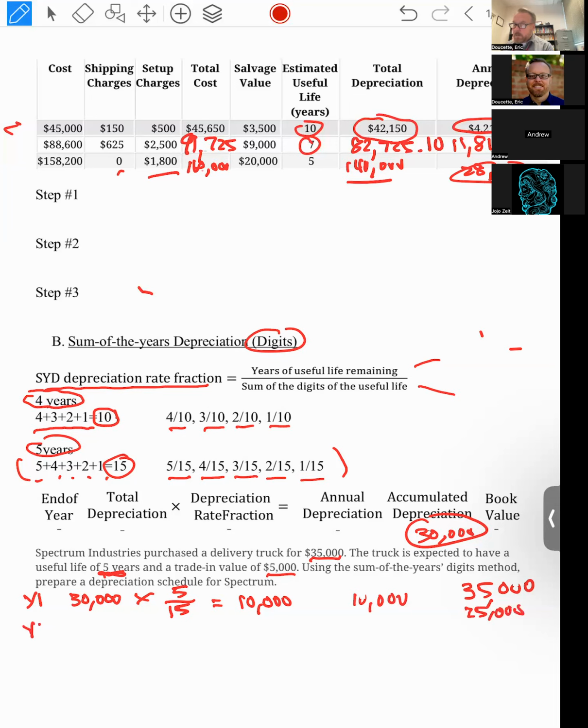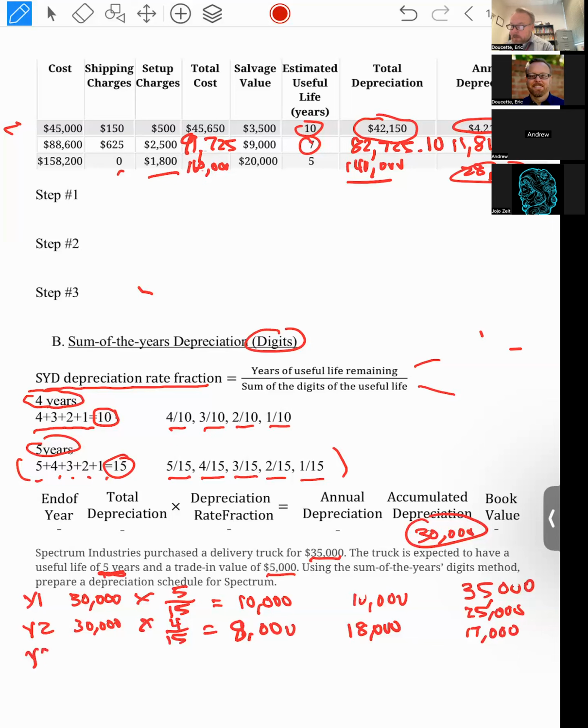For year two, I would take the same 30,000 again, multiply it this time by 4/15, because it's for the year four, and it would come out to $8,000, or a total depreciation of 18,000. I would subtract the 8,000 from the 25,000, and that would give me 17,000.